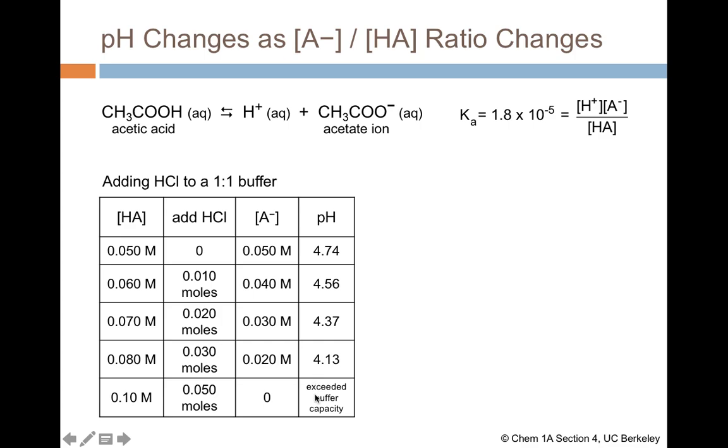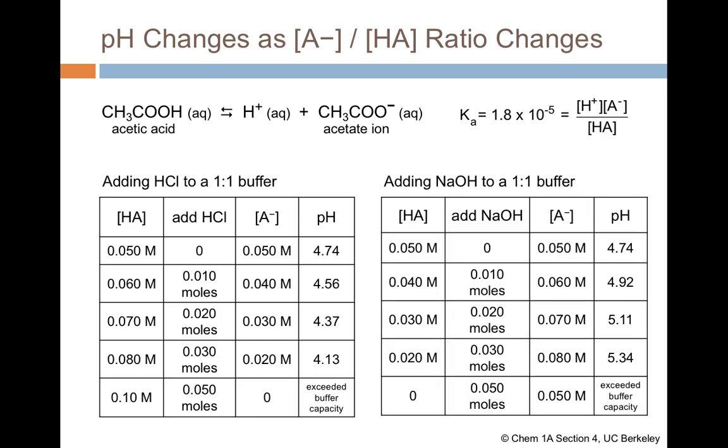So buffers are not magic, but they were able to maintain a pretty slow change in pH up until that point. The same goes for adding sodium hydroxide to our initial 1-to-1 buffer solution. In this case, the 0.01 moles of strong base ends up increasing the concentration of A- by that amount, because remember, the addition of base shifts the equilibrium towards the right.